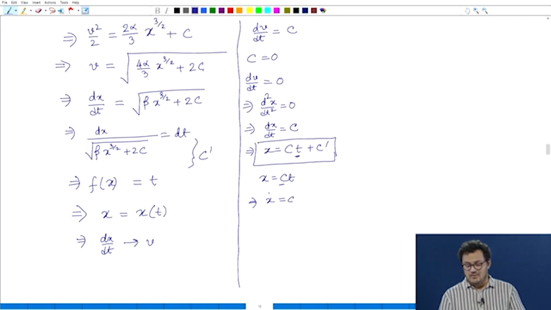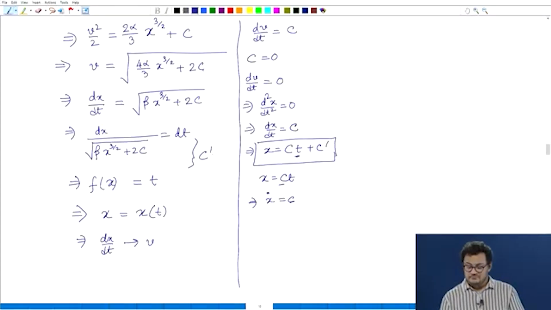For this particular case, x dot is constant. So, it is uniform at every instant, so you do not have to play with this thing. This c will be a constant and this is a constant of motion.